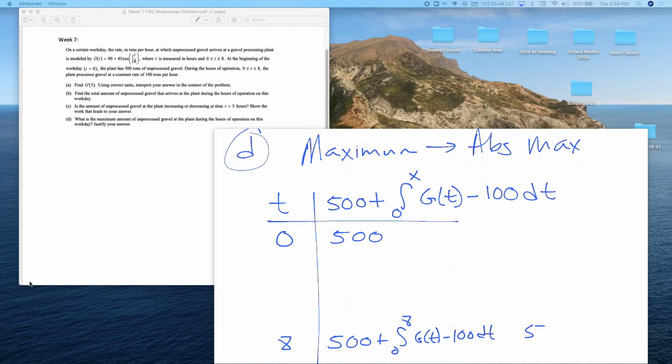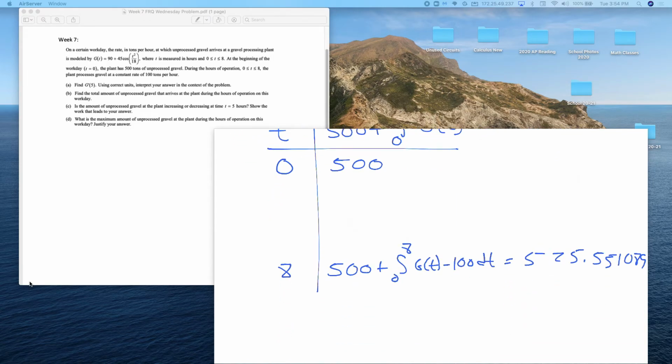You'll end up with 525.551089, something like that. Now, you have to figure out, well, when do we get a critical number? A critical number on these problems is when the rate in is equal to the rate out.